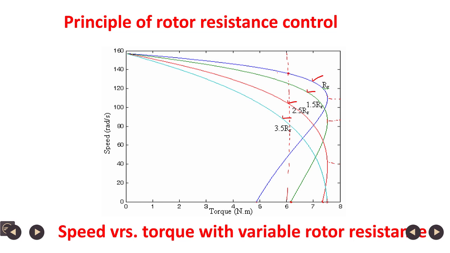With 1.5 R, speed is given by the second point. With 2.5 R, the speed is given by the third point, and with 3.5 R, the speed is given by the fourth point. So, as the resistance increases, for a given torque, the speed reduces. This is the principle of speed control with rotor resistance.